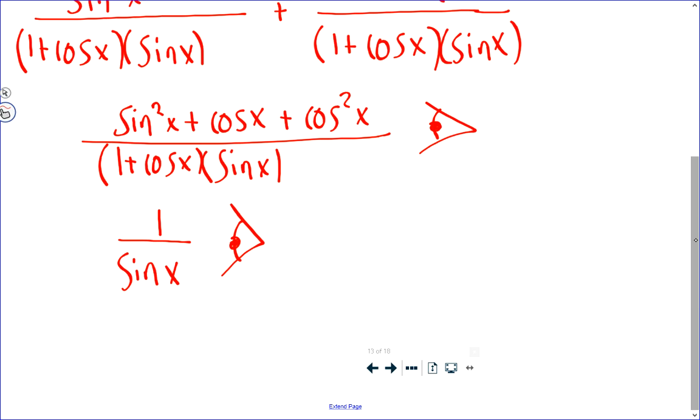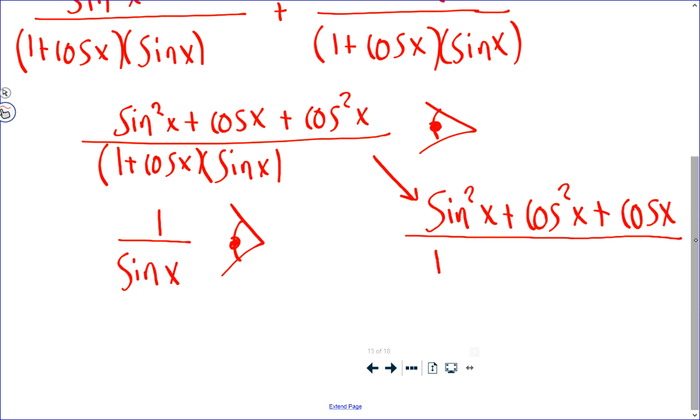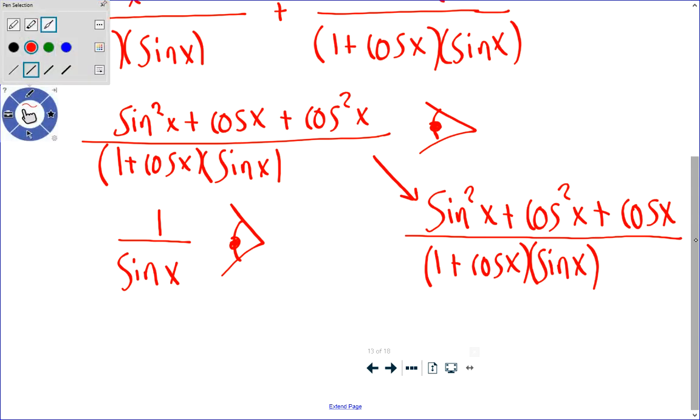Okay, so how do I do that? Well, on the top of this expression is sine squared of x plus cos of x plus cos squared of x. Now I can rewrite the order of those to sine squared of x plus cos squared of x plus cos of x. And on the bottom, I have 1 plus cos of x multiplied by sine of x. Hopefully, you recognize something in the numerator. There is a sine squared of x plus cos squared of x, which is equal to 1.